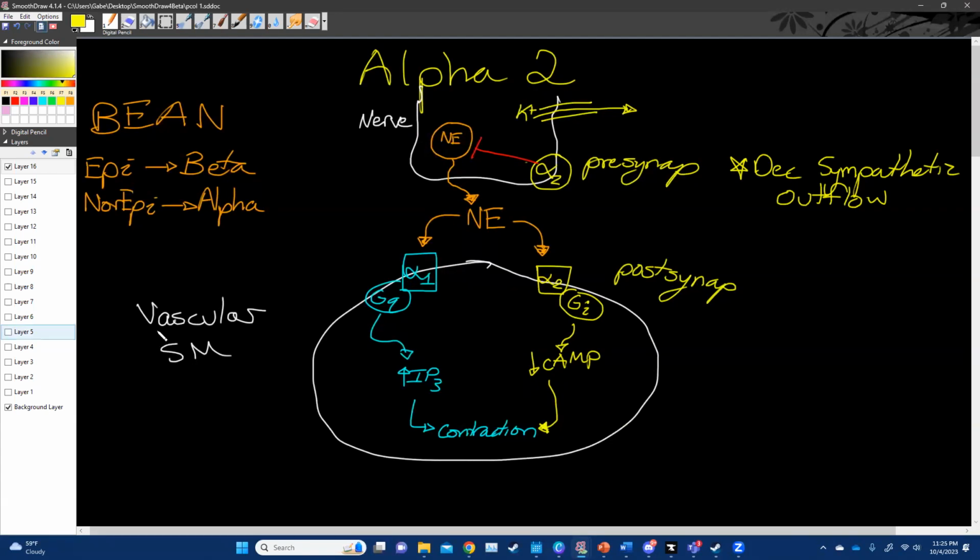Also, it's going to have an effect on epinephrine, decreasing that. So it's causing less beta and alpha stimulation. So less sympathetic outflow means decreased alpha-1 and decreased beta-1 activation.